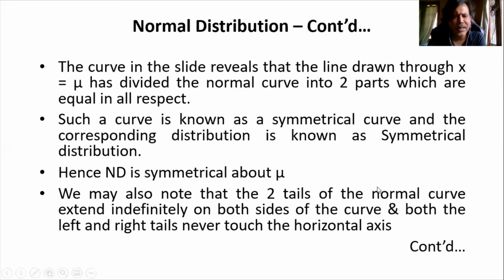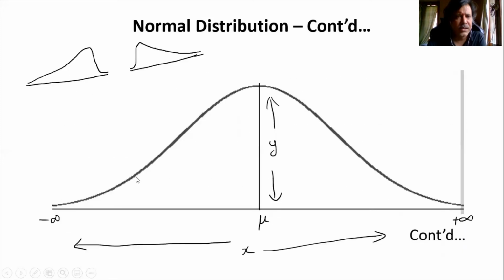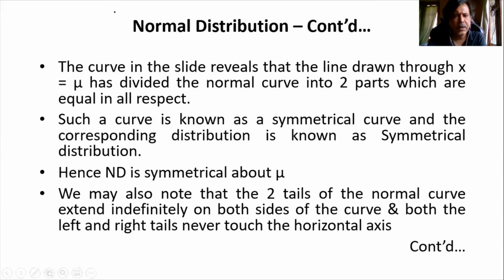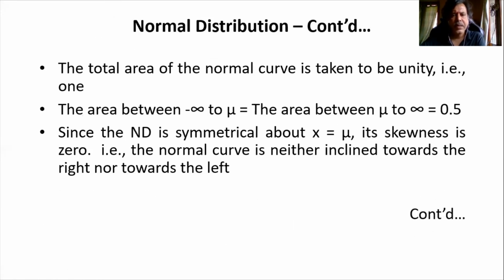These two curves I have drawn are skewed curves, skewed to one side. That is not happening in the normal distribution. It is symmetrical and has zero skewness. That is, the normal curve is neither inclined towards the right nor towards the left.